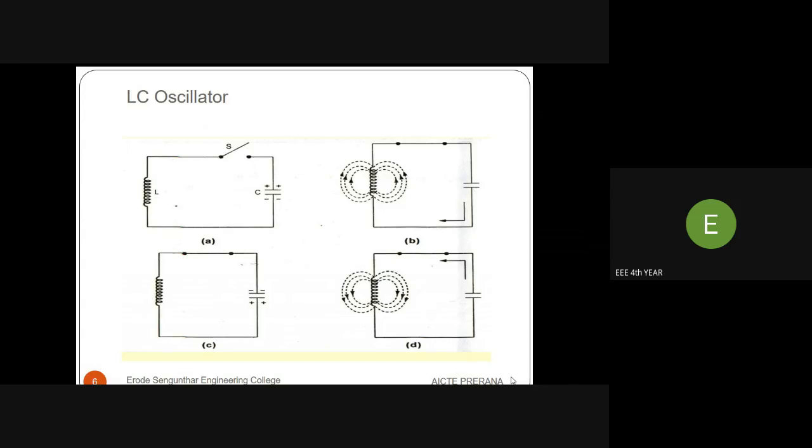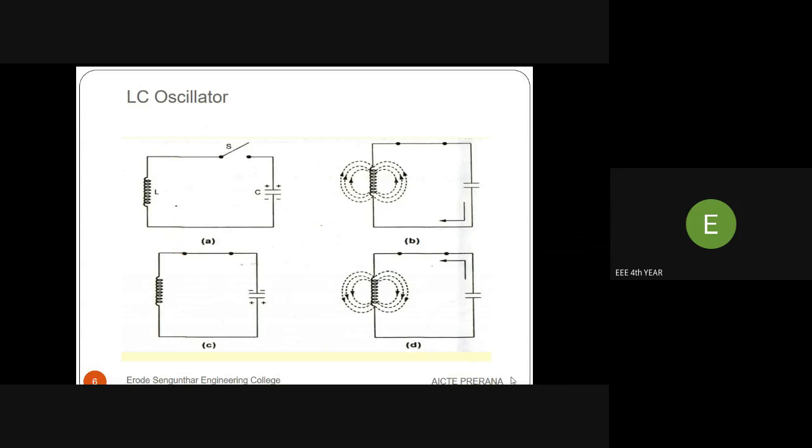Now, due to the flow of current, a magnetic field is set up around the inductor. This causes magnetic energy to be stored in the inductor. When the capacitor is fully discharged, the total electrostatic energy is stored as magnetic energy in the inductor. Now the magnetic field of the inductor L starts collapsing.